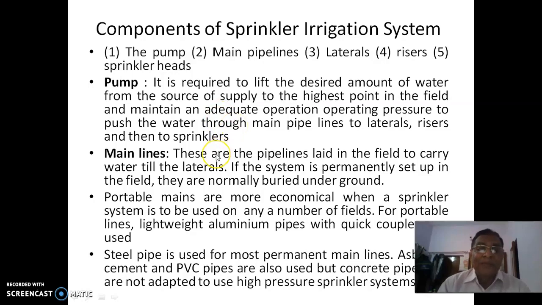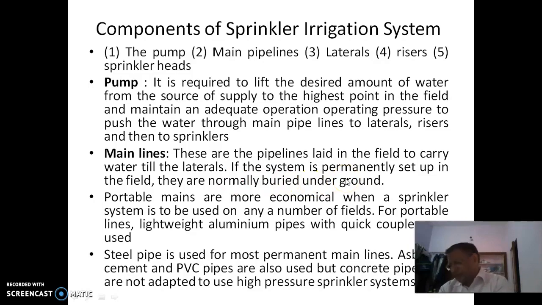Then the main pipelines. These are the pipelines laid in the field to carry water to the laterals. I will show you one figure after this slide, showing what a main pipeline is and what a lateral is. If the system is permanently set up in the field, they are normally buried underground.